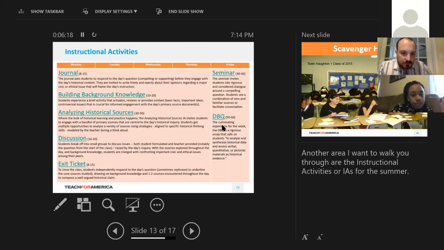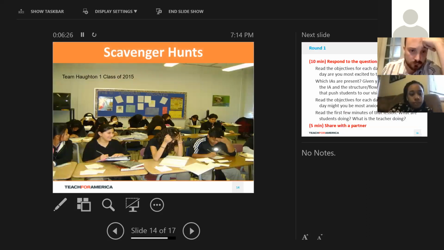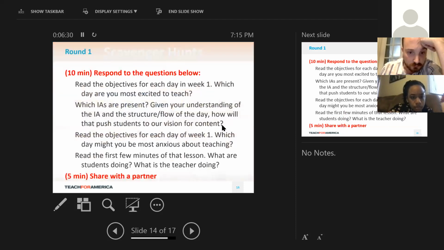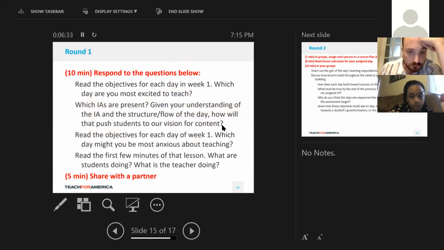Then we'll do a quick spiel about the different instructional activities that they're going to be doing. And after that, it becomes a ton of work time. And so core members are actually going to have scavenger hunts. So in round 1, they're going to read the objectives, take a look at the IAs, and think about what students are doing and then share with each other.